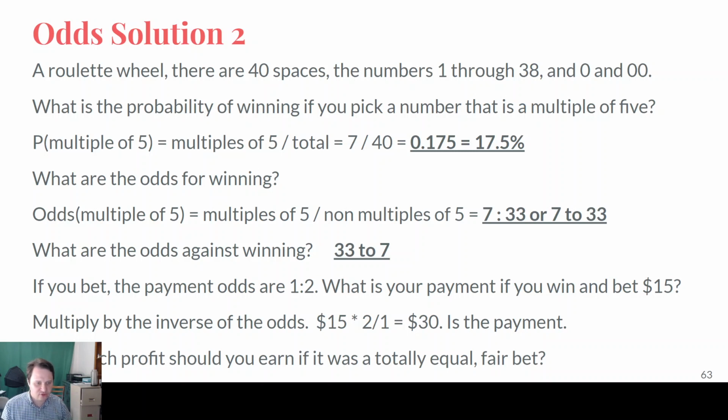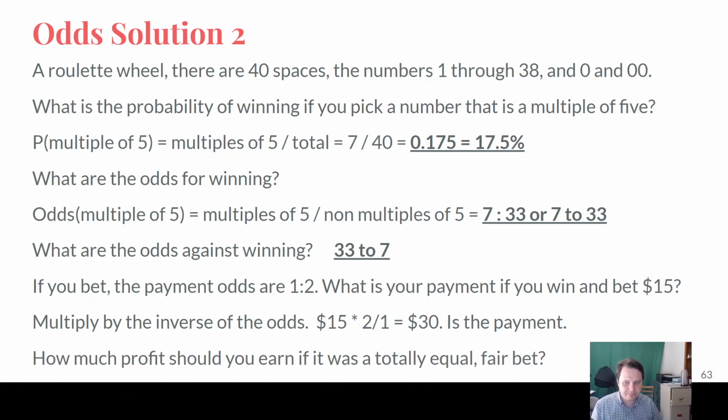So now the question says, how much profit should we earn if it was a totally fair bet? So if it was totally fair, then how much profit should we earn if it's a fair bet? The casino is giving us 1 to 2. So is that fair?